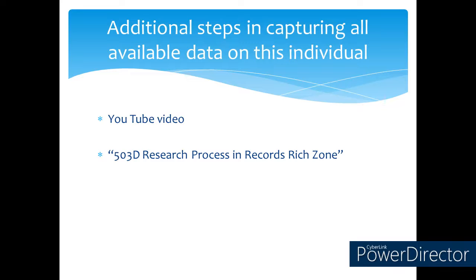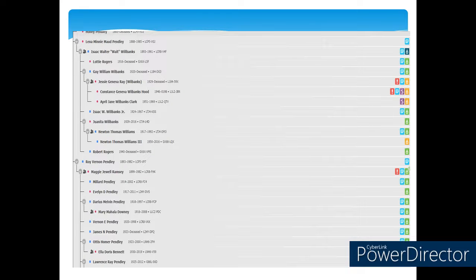Once all the record hints have been resolved for one individual, we can return to the descendancy chart and look for the next record hint or red box and proceed to attach the record hint or correct the data problem on that one also.